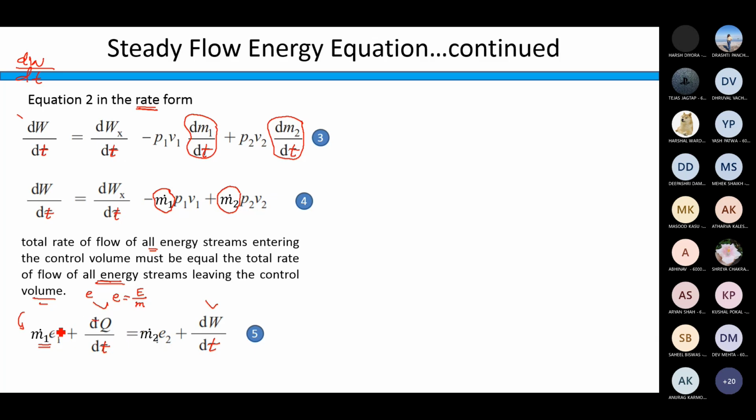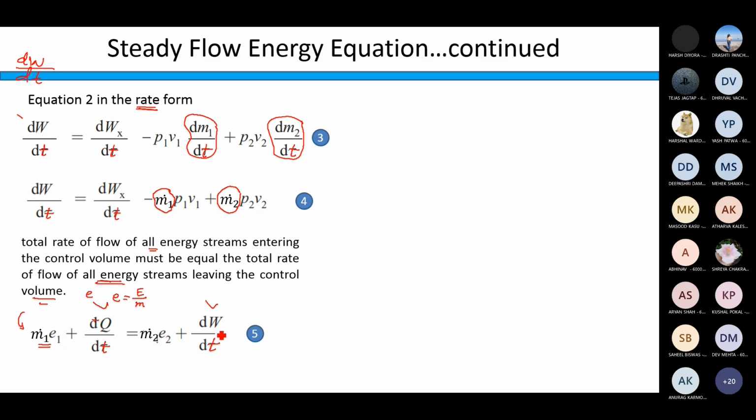So at inlet, m1 dot is the mass flow rate entering at the inlet, and it is carrying some energy with itself into the control volume. So this term indicates the energy carried by that mass while flowing into the control volume.